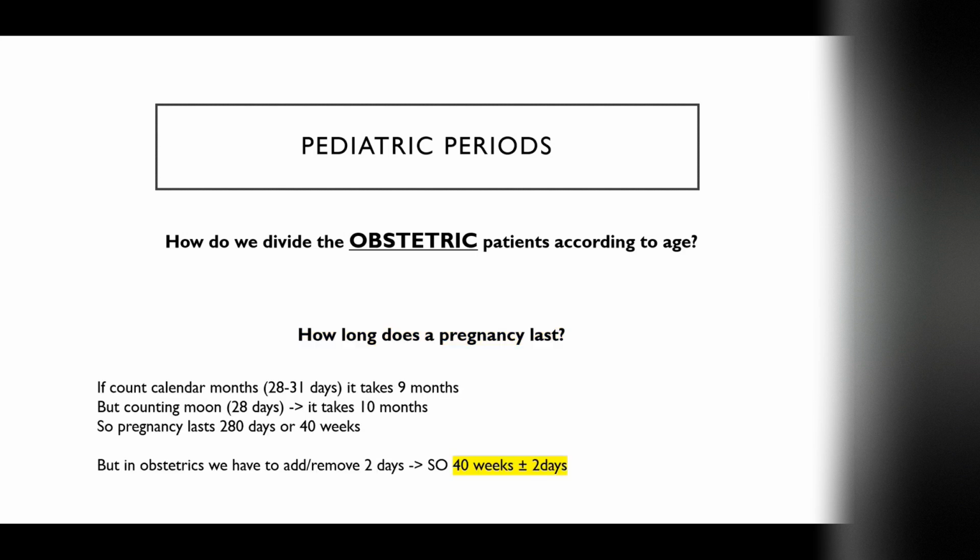That's your plus minus 2. So it's 40 weeks or 280 days: 10 moon months, 10 times 28, 280. And then you add or remove 2. So the answer in an obstetrics exam is 40 weeks plus minus 2. That's your physiological pregnancy. Moving on to the next question.